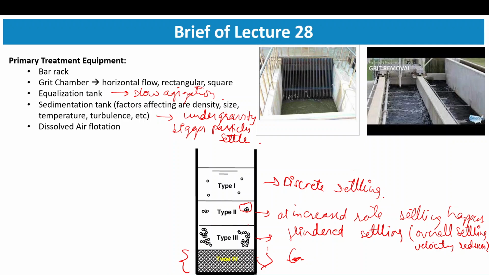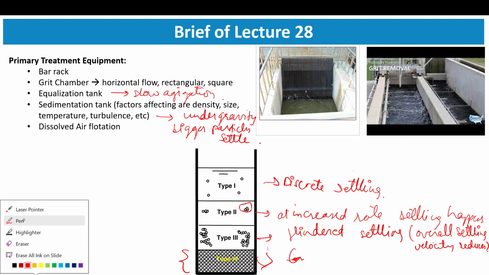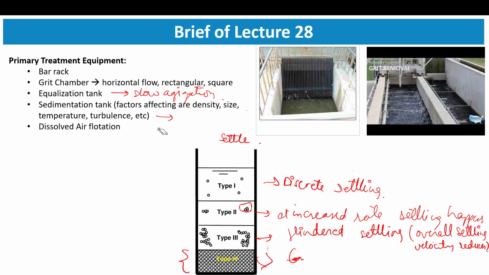So above that there will be purified water. All these types of settling zones are there, through which each particle undergoing settling goes. Now for settling to occur, we can provide specific equipment which is used in industries for proper settling.